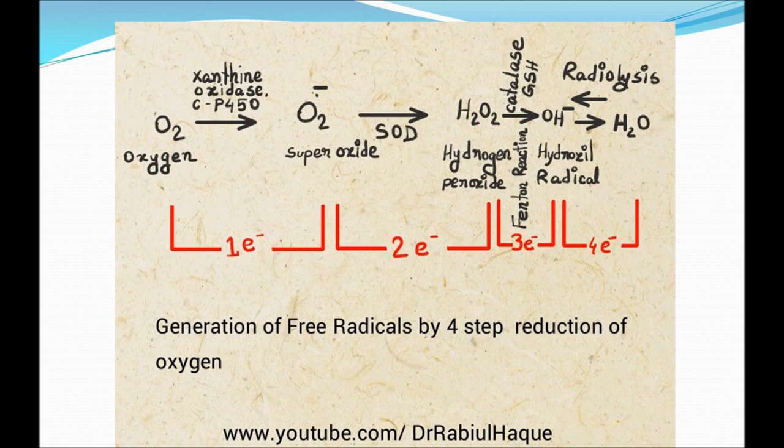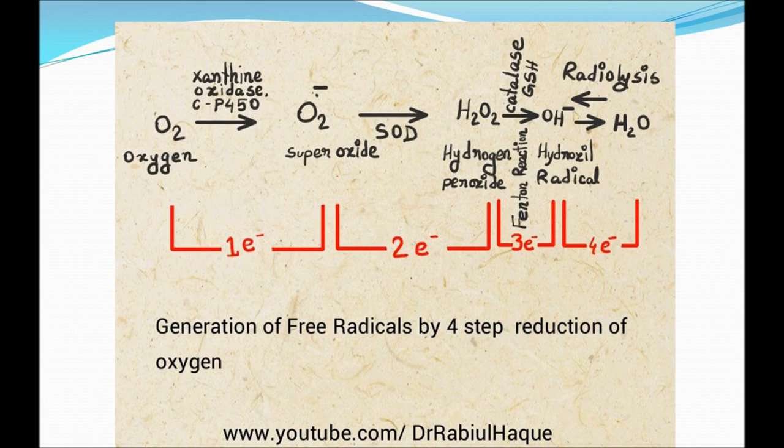In the next step, superoxide will be catabolized, and that will produce hydrogen peroxide by transfer of 2 electrons. A special enzyme is involved in this second step, and that is superoxide dismutase.